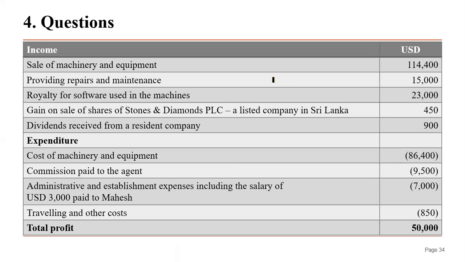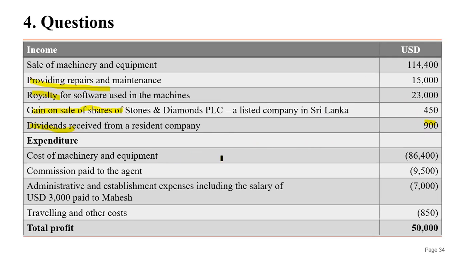Sale of machinery and equipment is the major part of Hera's income. Repair and maintenance is a small part. The royalty, they have 23 million. Sale of shares 450 USD, and the dividend received from a resident company, they have an investment as well, 900.